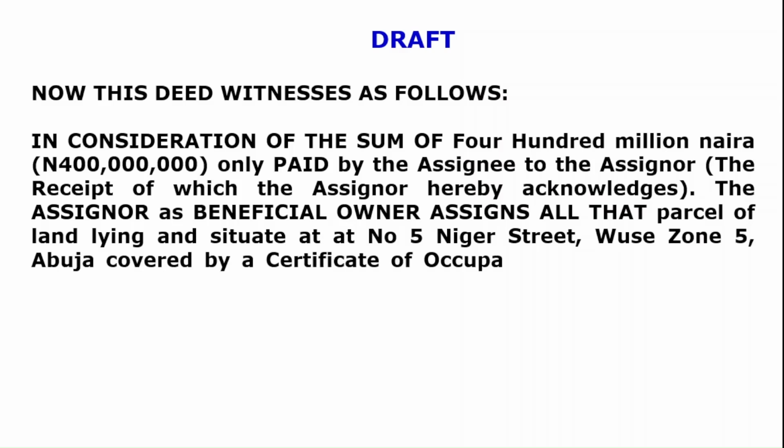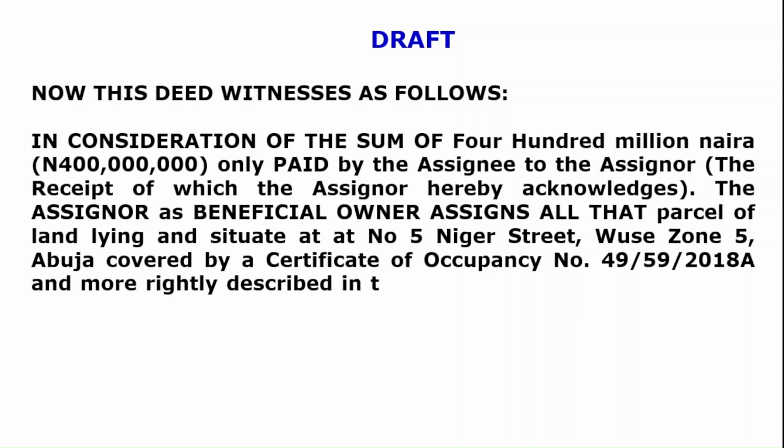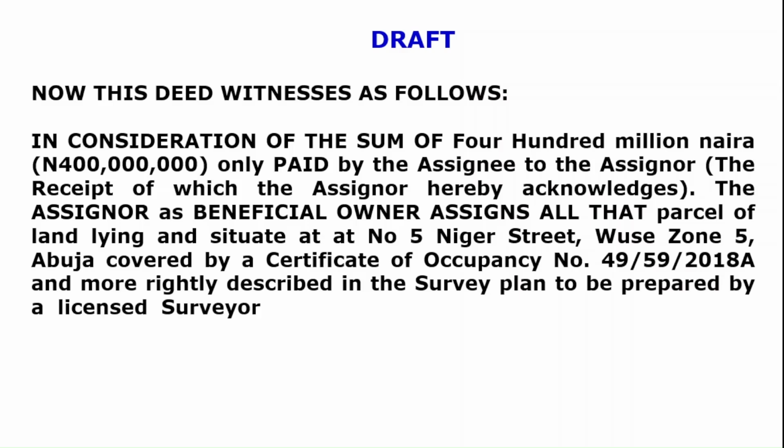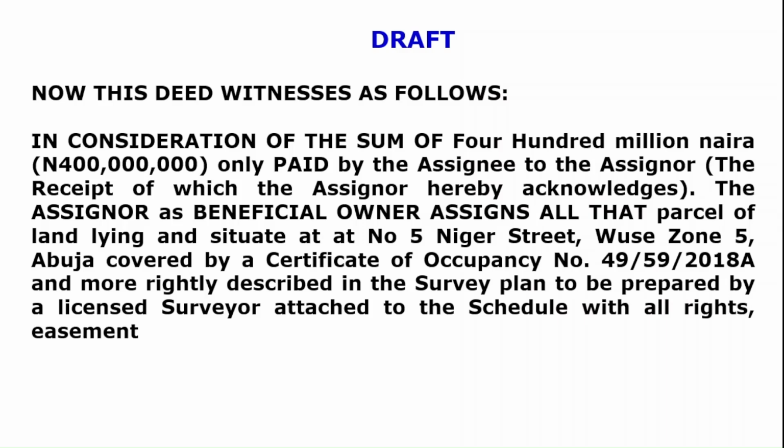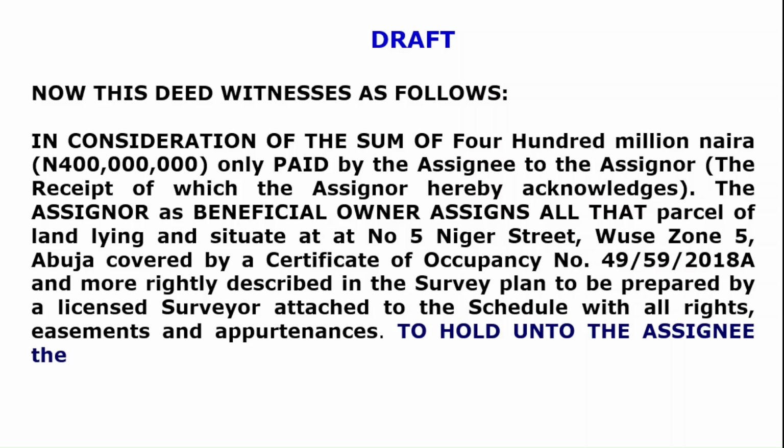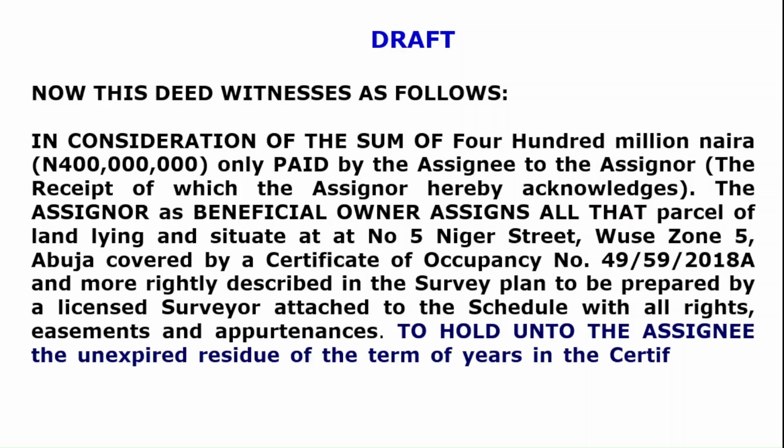Those as we just discussed. Then it has told you, and to be more rightly described in the survey plan to be prepared by licensed surveyor. If you know the name of the surveyor at the time, you can also include it. Appurtenances to hold onto the assignee the unexpired residue of the term of years in the certificate of occupancy.